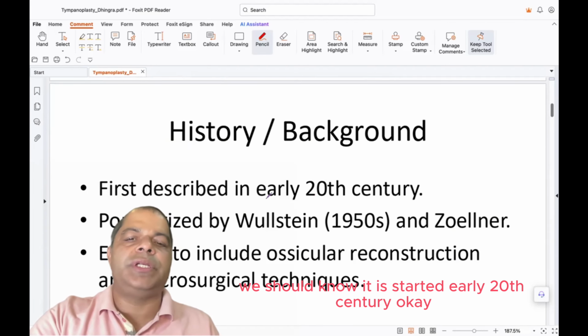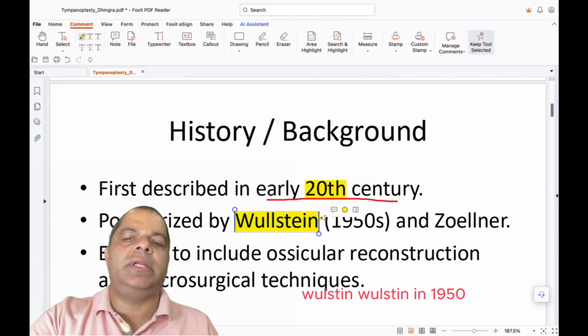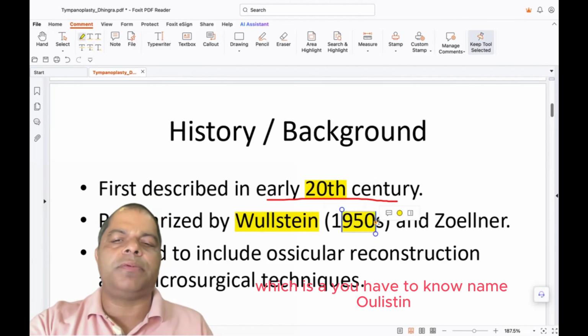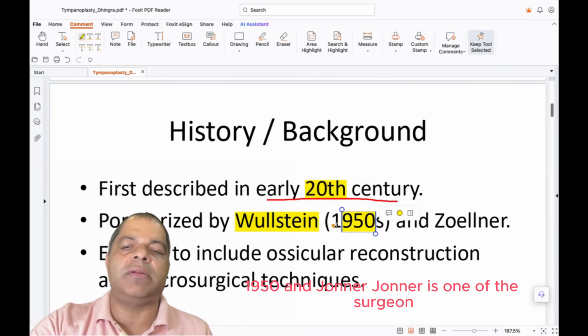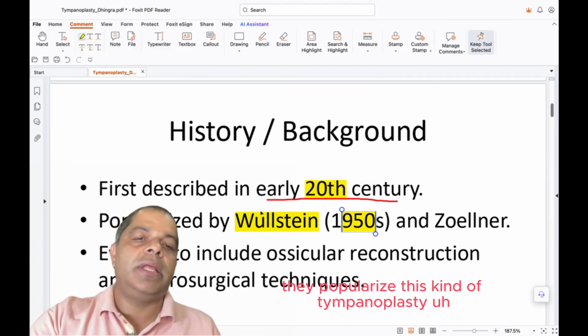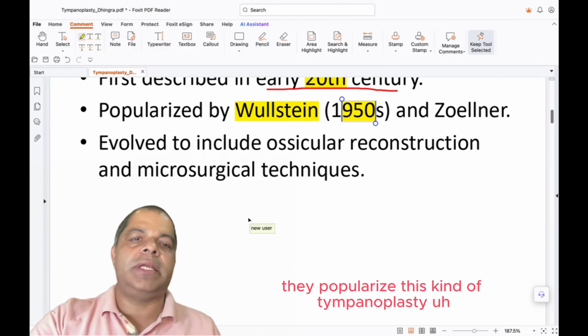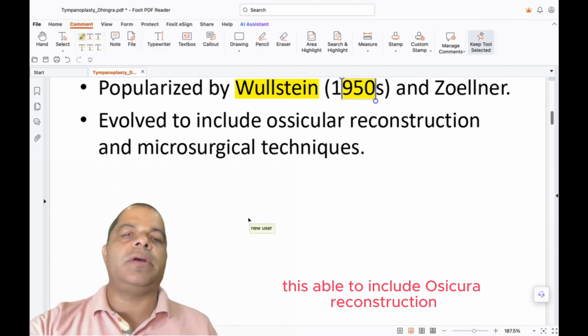What is important here? We should know it started in the early 20th century. Wullstein in 1950, you have to know the name Wullstein, and Zollner is one of the surgeons who popularized this kind of tympanoplasty. This was able to include ossicular reconstruction.